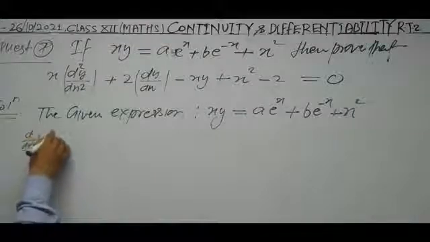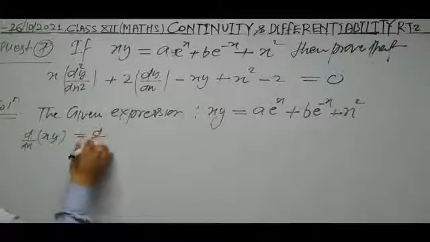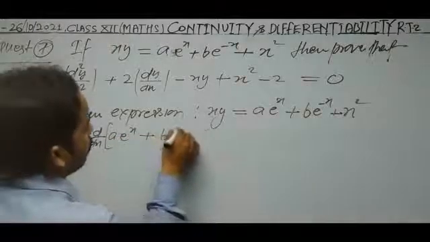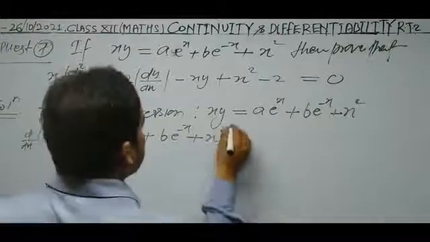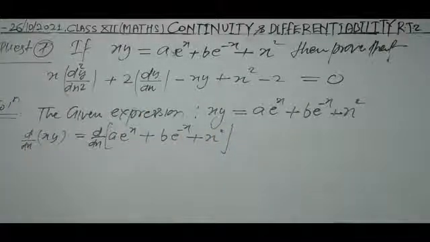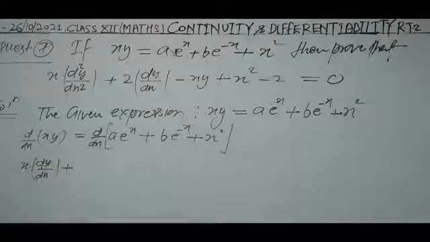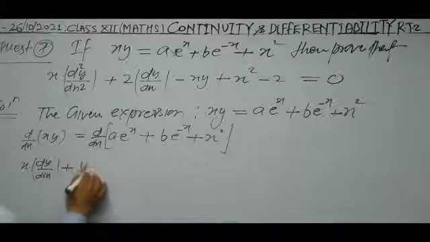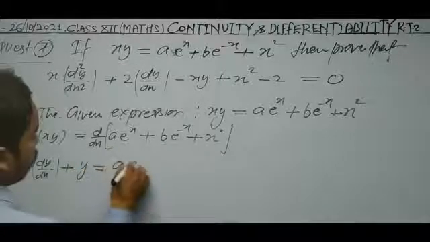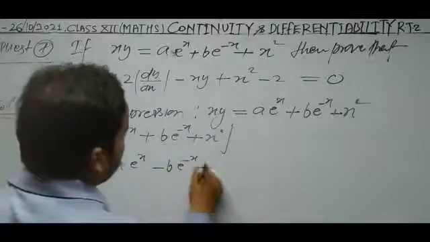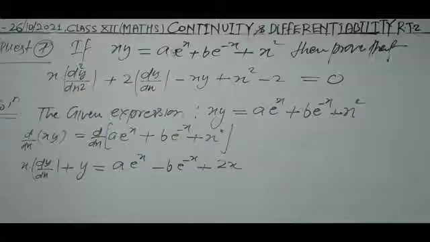So d by dx of x times y is equal to d by dx of a e to the power x plus b e to the power minus x plus x square. Now this derivative we can solve: first function derivative of second function plus second function into derivative of first function is equal to a times e to the power x minus b times e to the power minus x plus 2x. This is the derivative.